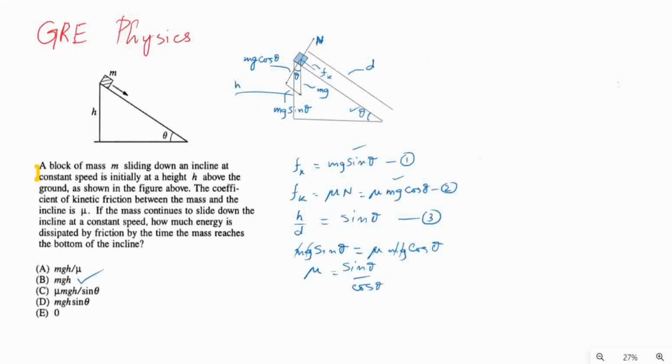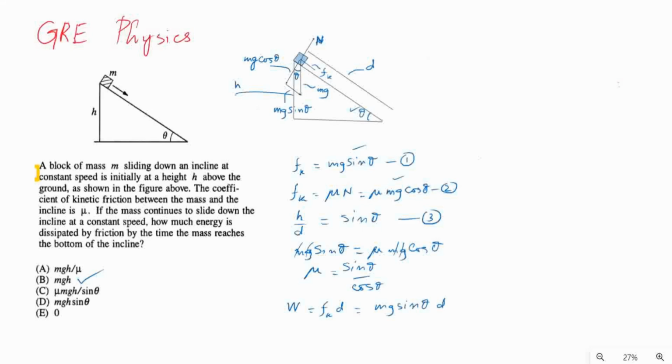Now, how about the work done against the frictional force? I'm interested in the magnitude of the work done. Actually, the work is negative because it goes to the environment as heat energy. But the magnitude of the work is, I write it like this, Fk times the distance d. Now this Fk is equal to mg sine theta from equation number 1, times d.